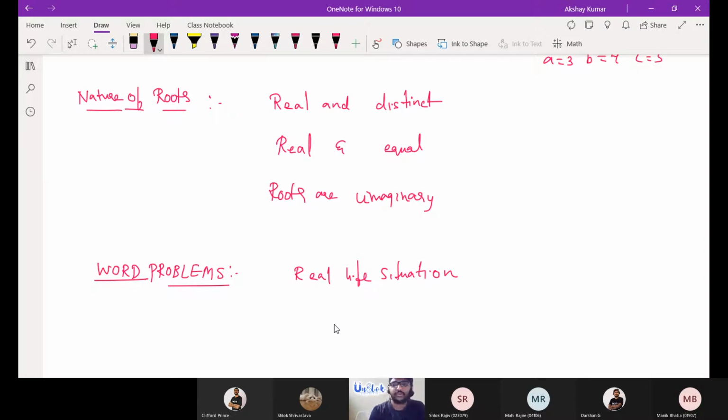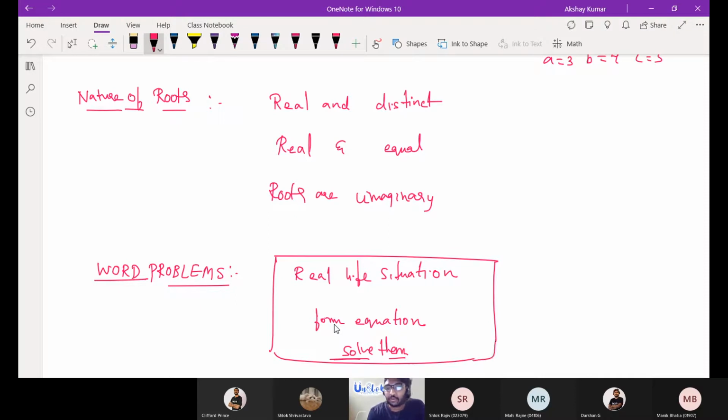We're trying to see how you are able to form an equation, arrive at a quadratic equation, solve it and then tell me the answer. So this is what they are looking at. You know how to solve the equation, but here, from the word problem, they'll give you some real life problems where it is applicable.